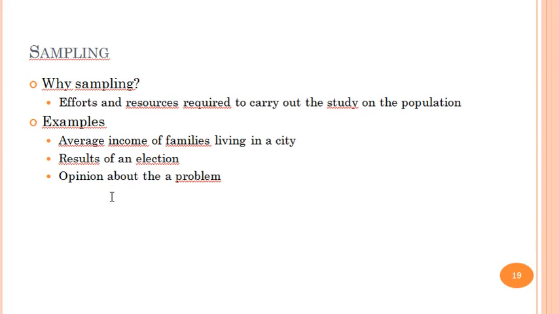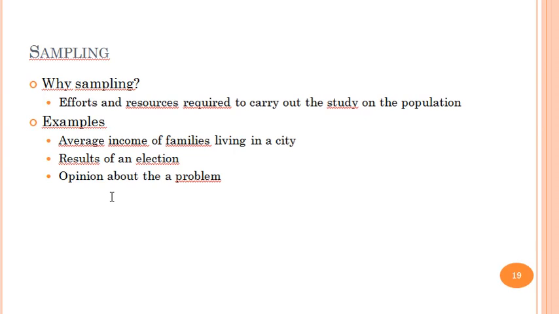Because of the efforts and resources required to carry out a study on the whole population.